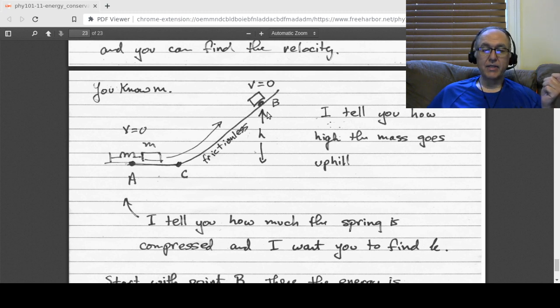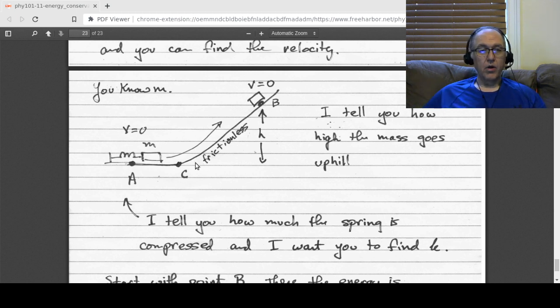And so the total energy at A, B, and C is the same, but look at what's happened here. At point A, all the energy is spring potential energy. At point C, all the energy is kinetic energy. And at point B, all the energy is gravitational potential energy. So that's kind of interesting. You can see all three of those energies at play.